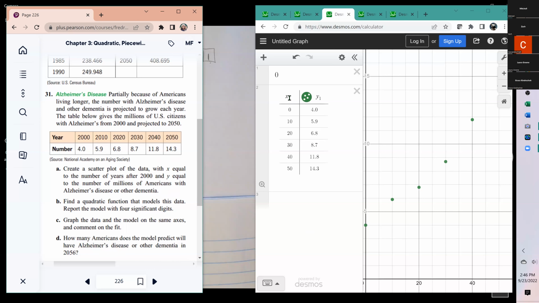Again, I put the values in, but notice for X, I did not put 2000, 2010, 2020, because X isn't the year. You need to be careful. If we read here, it says, create a scatter plot of the data with X equal to the number of years after 2000.